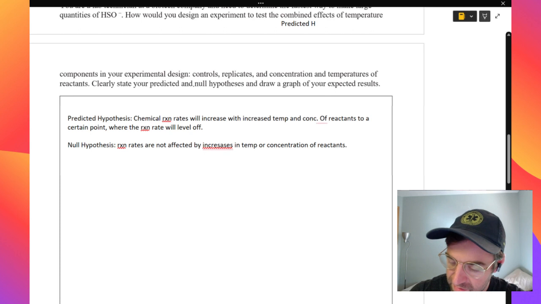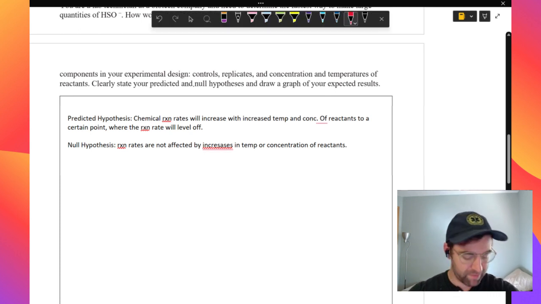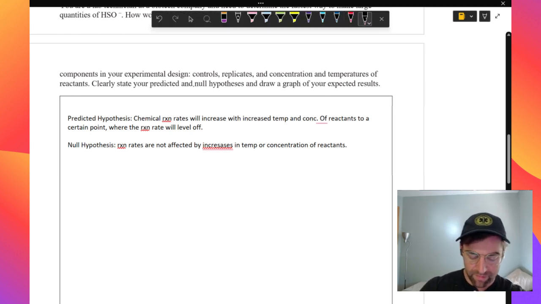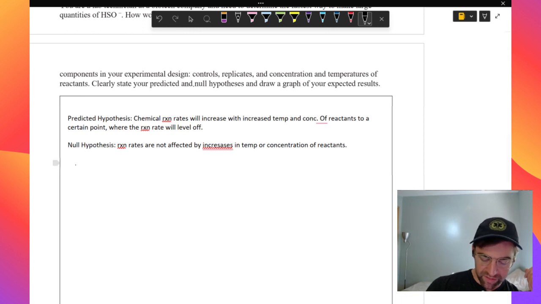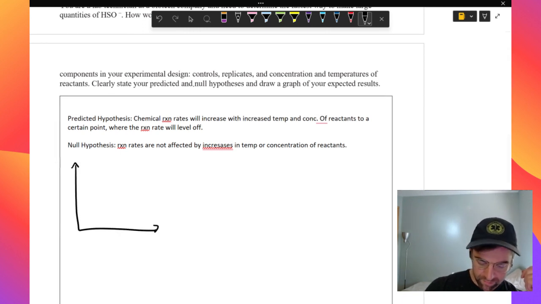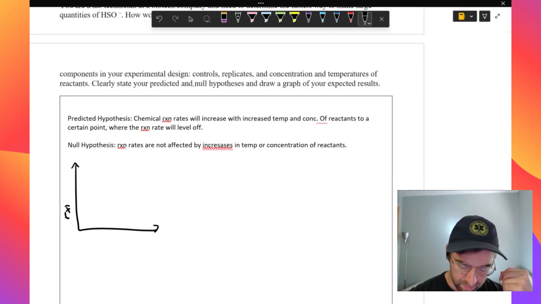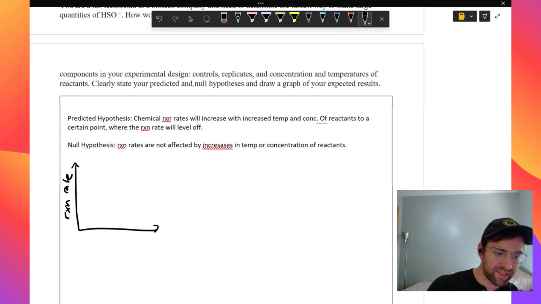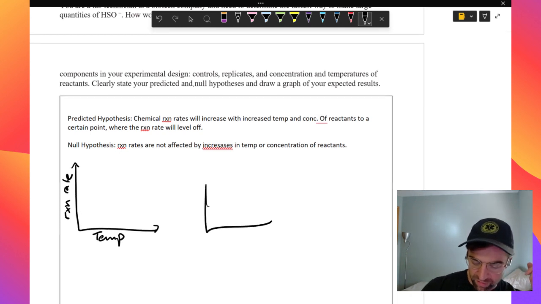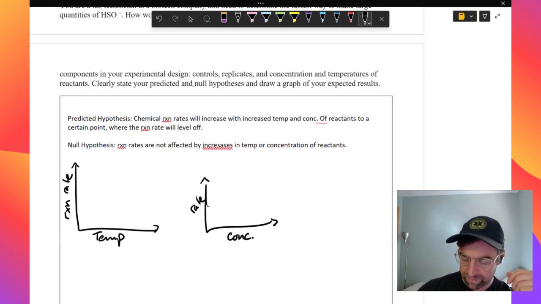Let me see here. So our expected result, we have reaction rate on the y-axis, and on the x-axis here we can have temp. And we would have another one, of course, for concentration.